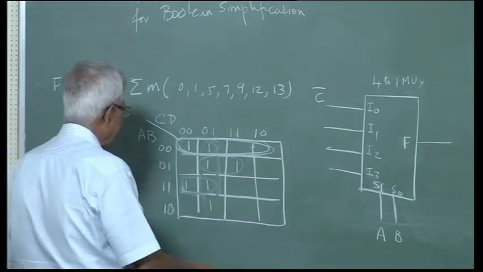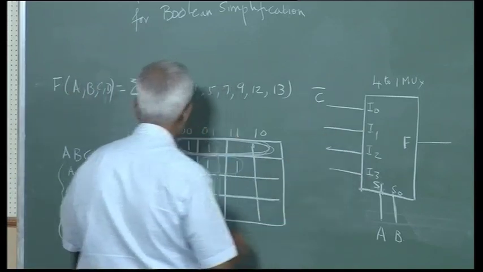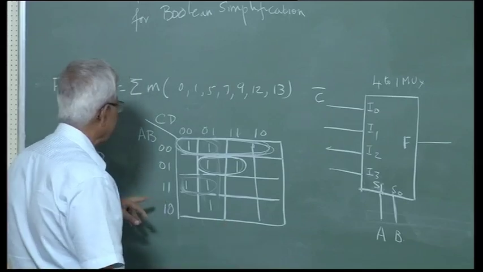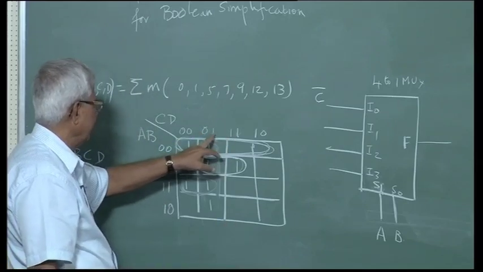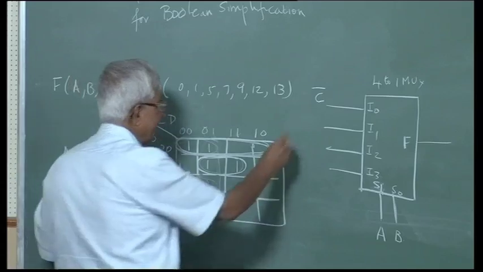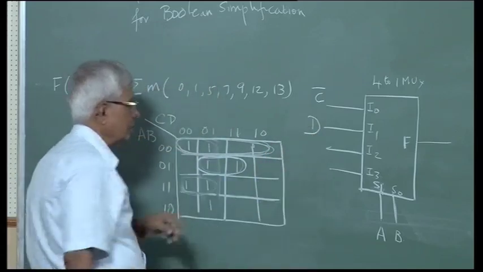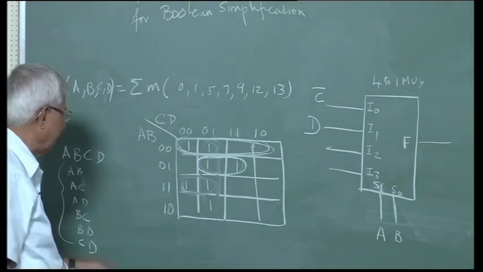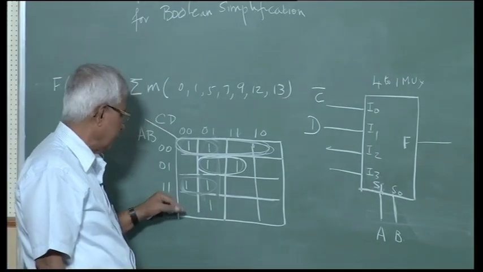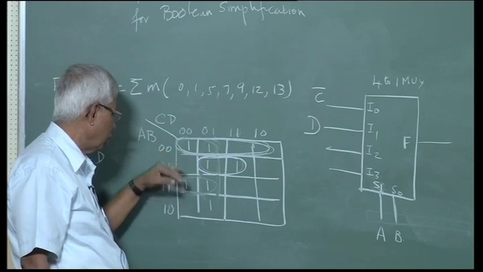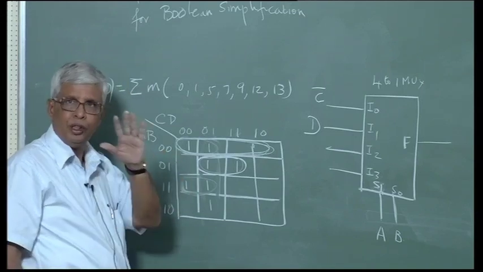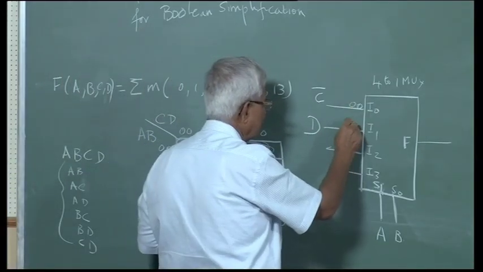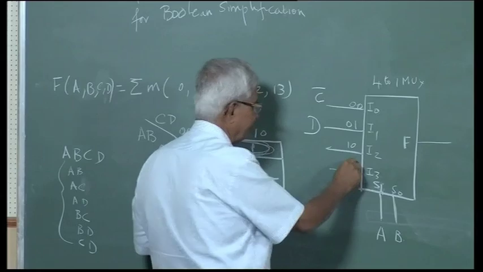Second slice is 0, 1. C is 0 and C is 1, D is 1, D is 1, so this is D. Third one, you have to be careful here. In Karnaugh map we do 0, 0, 0, 1, 1, 1, 1, 0. In the multiplexer, it is 0, 0, 0, 1, 1, 0, 1, 1.